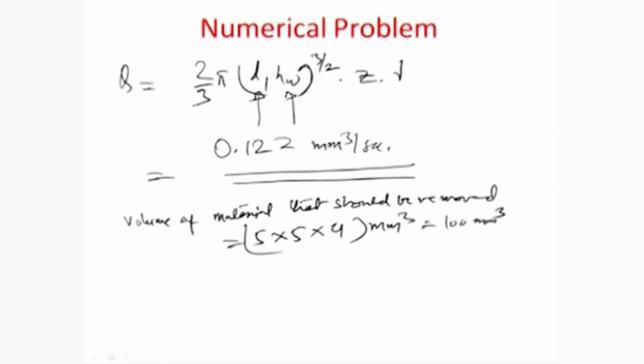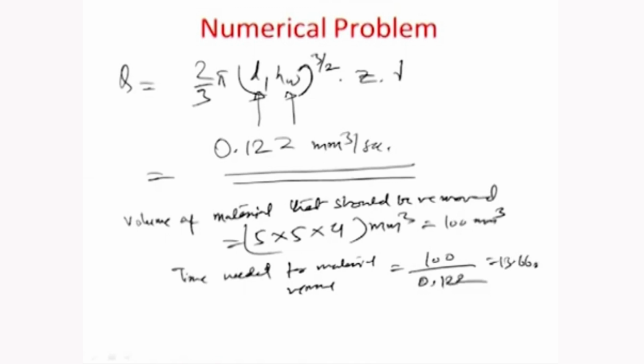And the amount of time that is needed for material removal becomes 100 divided by 0.122, which is about 13.66 minutes. Okay. So, a plate of about 4 mm thickness of tungsten carbide, where an area of 25 square millimeter needs to be removed on the plate, would take about 13.66 minutes to get machined or removed.